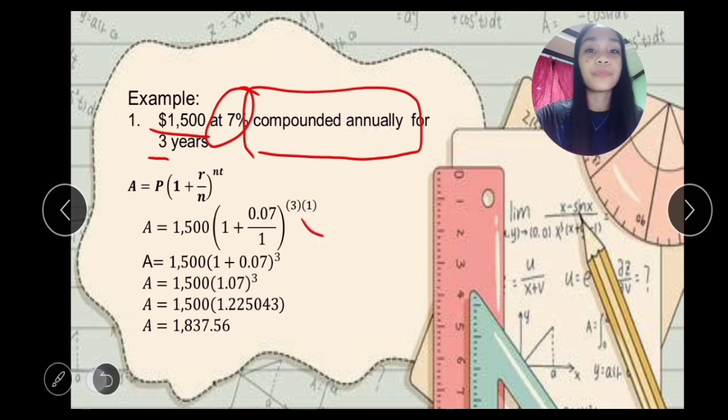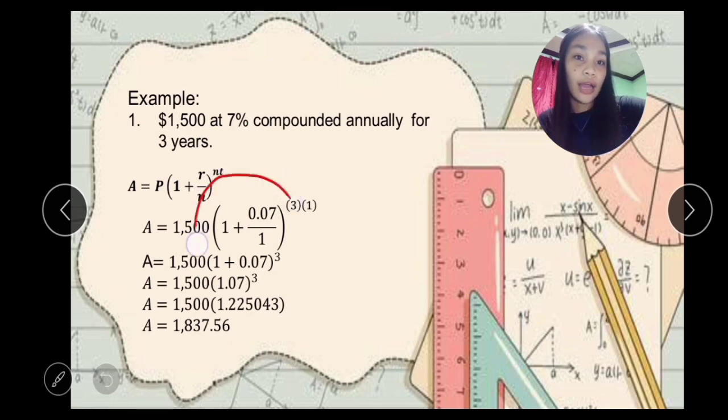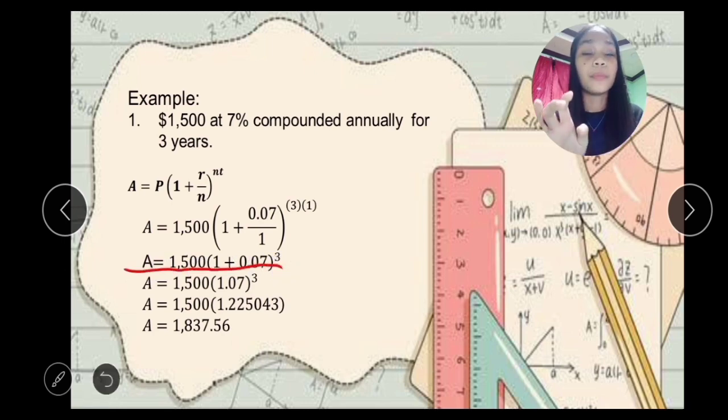So let's solve it. Sa una, isosolve muna natin ang ating r at saka n. Then we bring down the principal, which is 1,500.